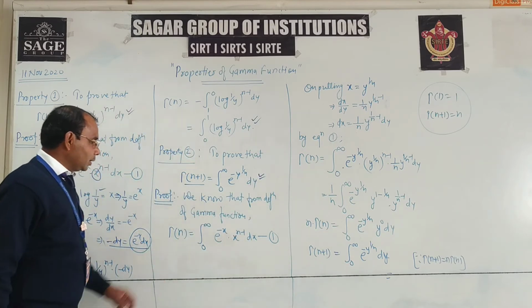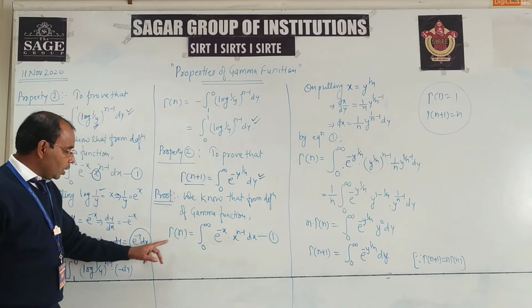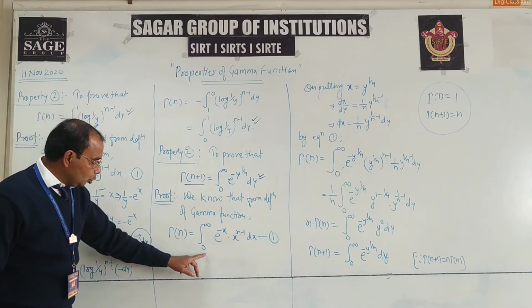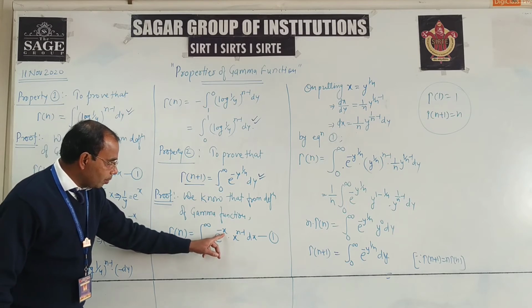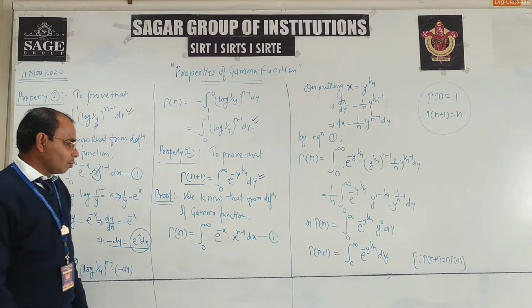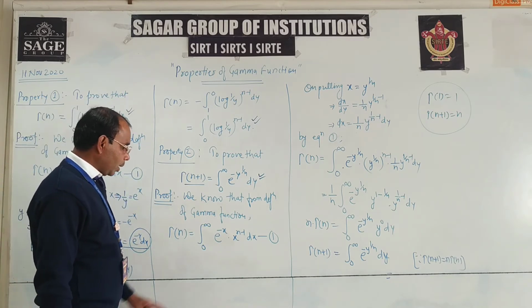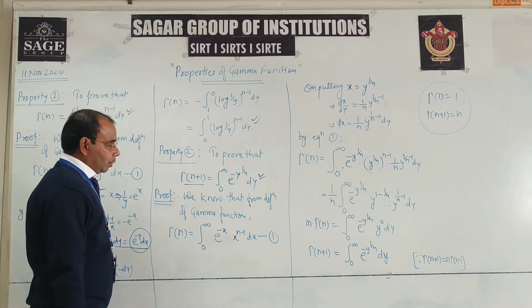We know that from the definition of gamma function, gamma n is equal to the integration from 0 to infinity of e to the power minus x, x to the power n minus 1 dx. This is the definition part. Now the substitution part.